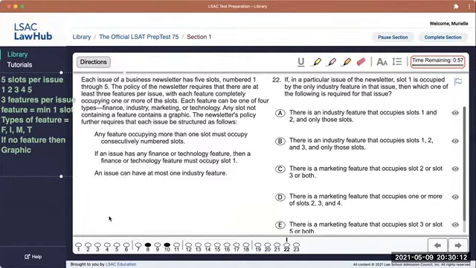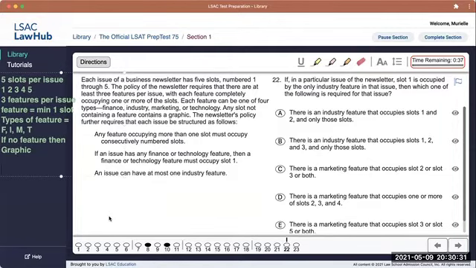The newsletter's policy further requires that each issue be structured as follows. Any feature occupying more than 1 slot must occupy consecutively numbered slots. So if a feature occupies more than 1, they have to be consecutive.